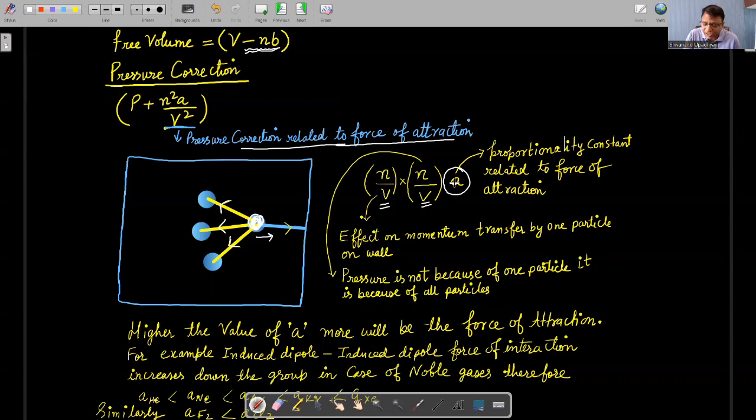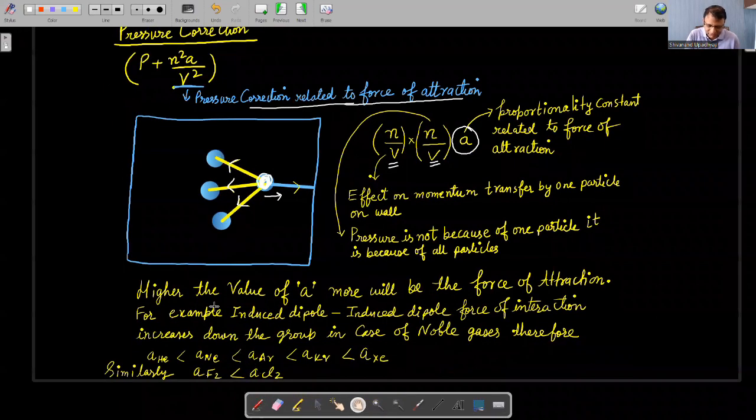So higher the value of a, more will be the force of attraction. For example, induced dipole force of interaction increases down the group in case of noble gases, because we have studied that noble gases are non-polar, so the van der Waals forces acting between them are London forces, dispersion forces, or induced dipole forces.